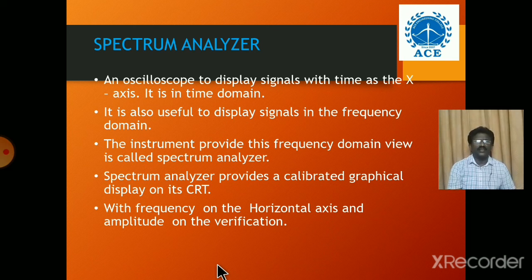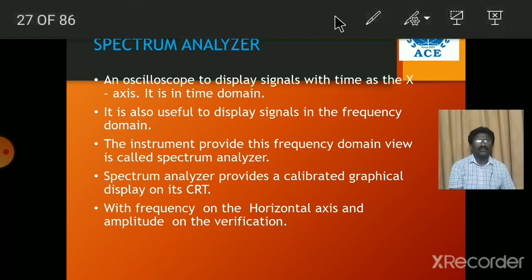A spectrum analyzer provides a calibrated graphical display on its CRT, with frequency on the horizontal axis and amplitude on the vertical axis. So that means you can observe output waveforms in a single line.